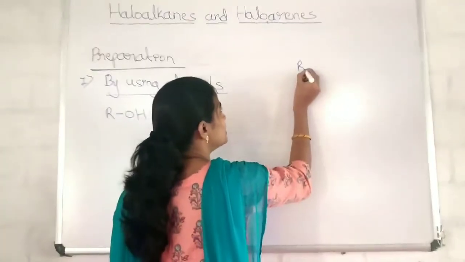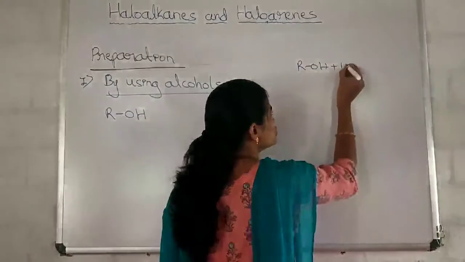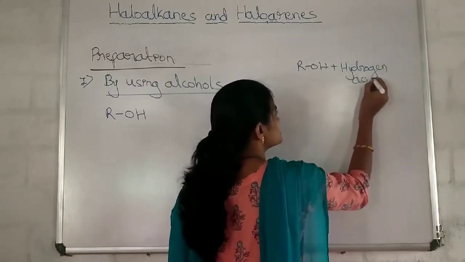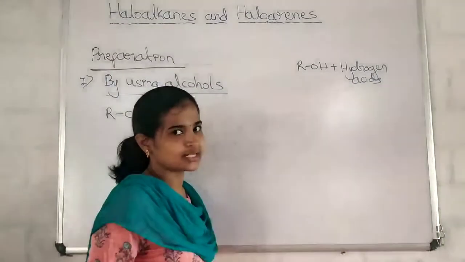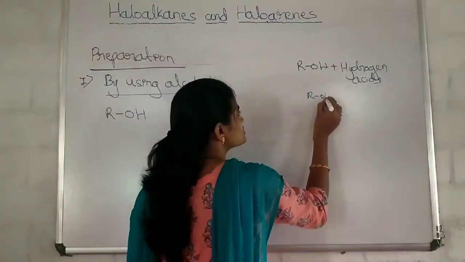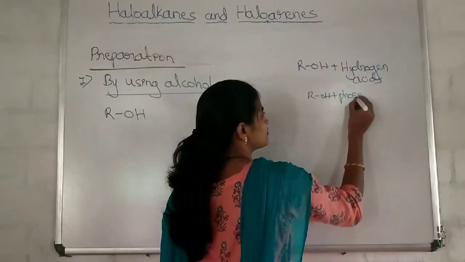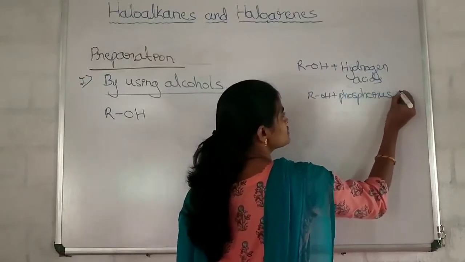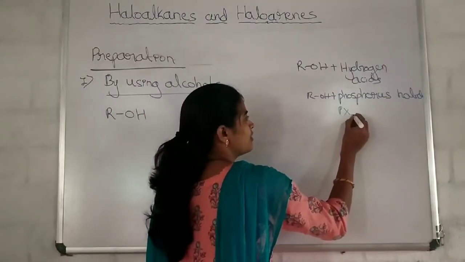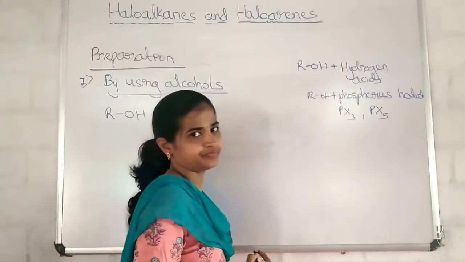With the alcohols, we can use hydrogen acids. Hydrogen acids mean concentrated acids like H2SO4, HCl, etc. Or with the alcohol, I can use phosphorus halides. Example, it may be phosphorus trihalide or phosphorus pentahalide.